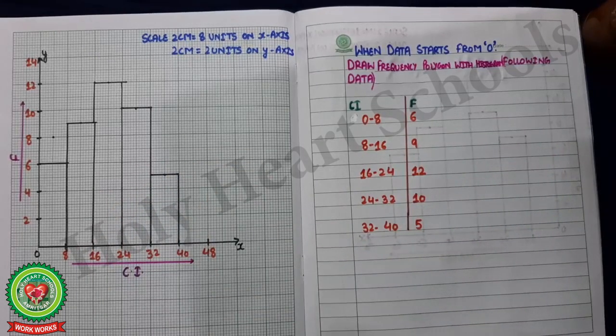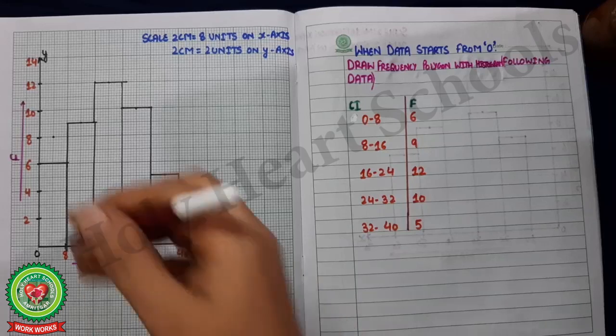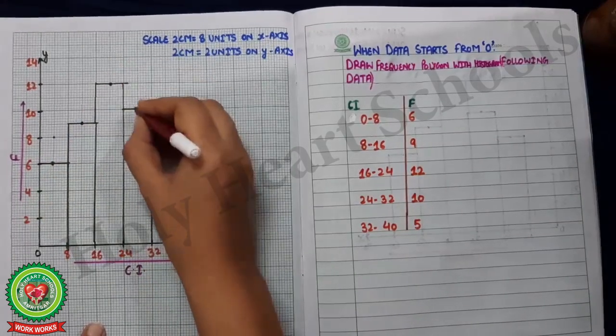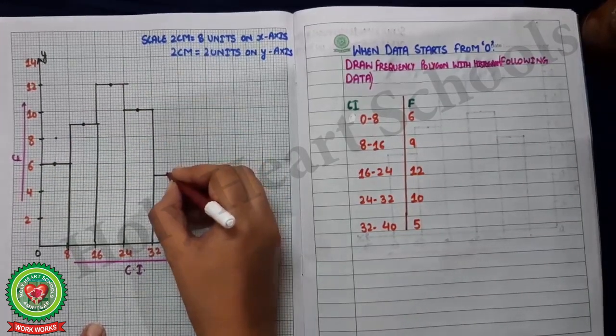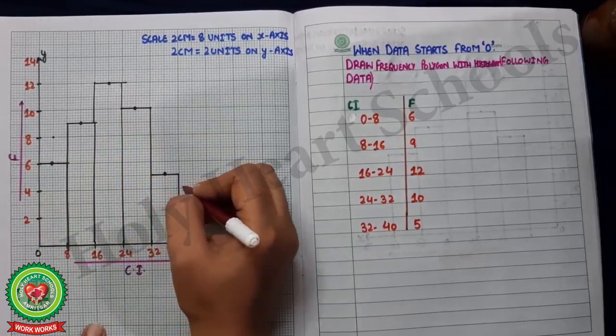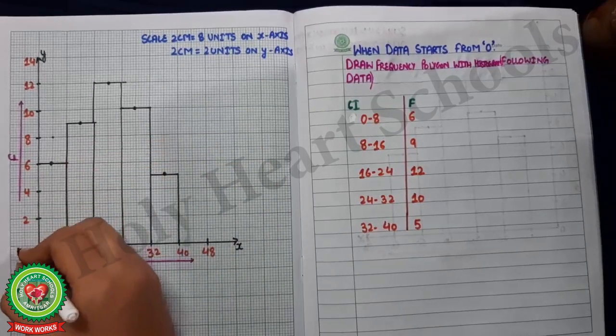And after drawing the histogram, we will join the midpoints of all the bars. Like this, we will join the midpoints of all the bars. In the same way we have joined all the bars by their midpoint. Now what we will do?